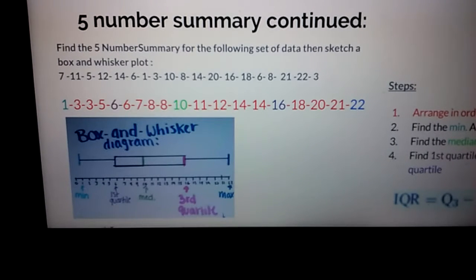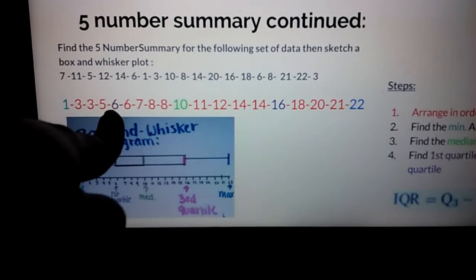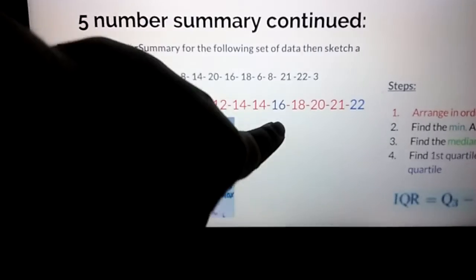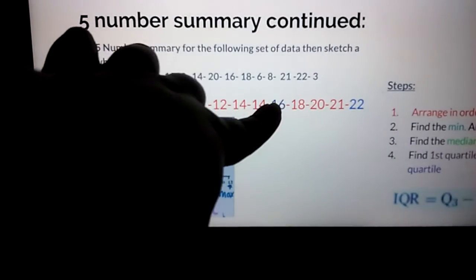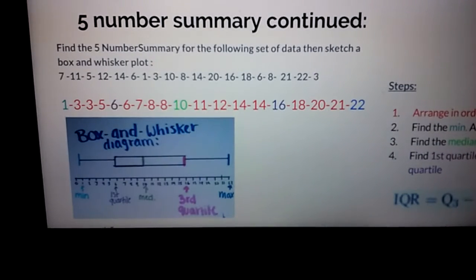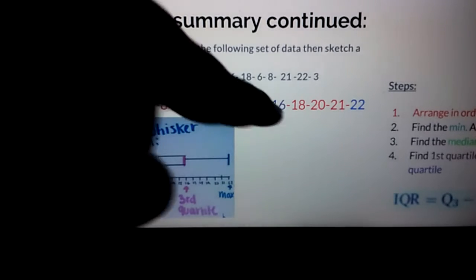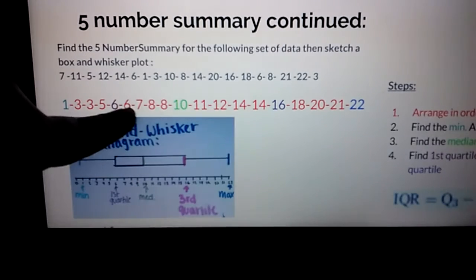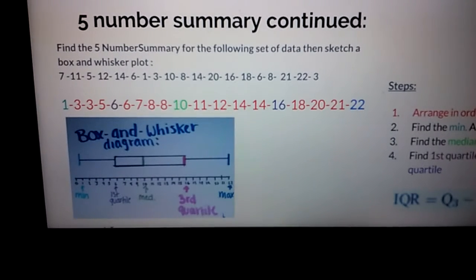And then you have to find the first quartile and then the third quartile demonstrated in the purple and the dark purple, which is 6 and 16. You also, to find the 5-number summary, you also need the interquartile range, which is generally just the third quartile minus the first quartile, which would be 16 minus 6, which equals 10. So your interquartile range is 10.